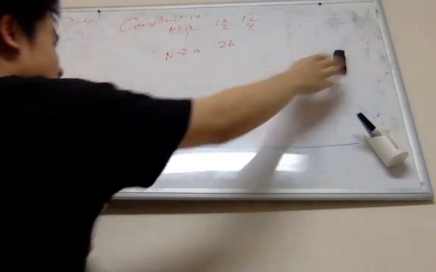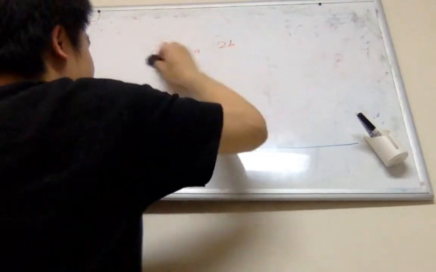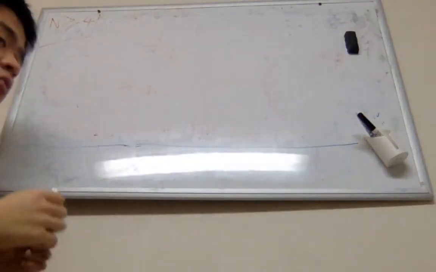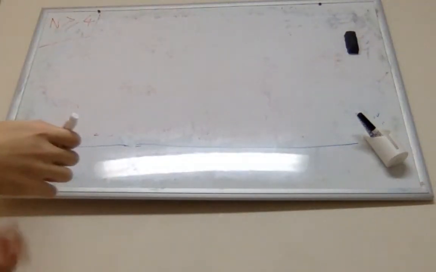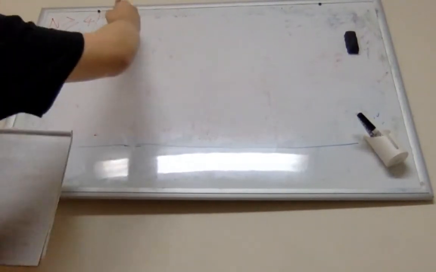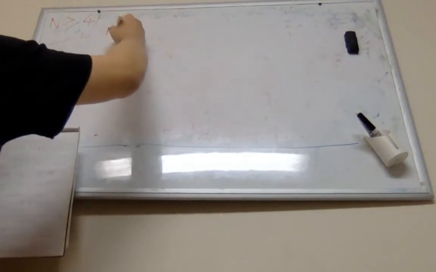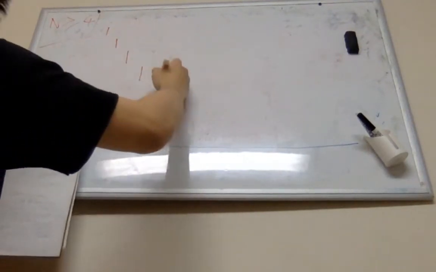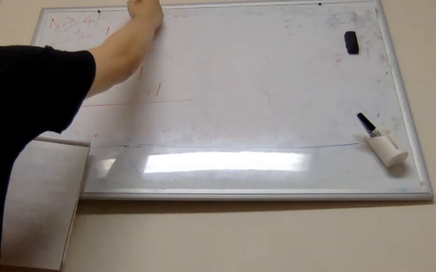Because this is a bit tricky, let me show you only two particular examples depending on whether n is even or odd. So when n is odd, let's do this: 1, 1, 1, 1, 1. Let's choose n equals 7.